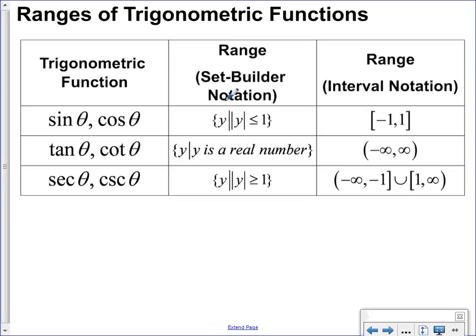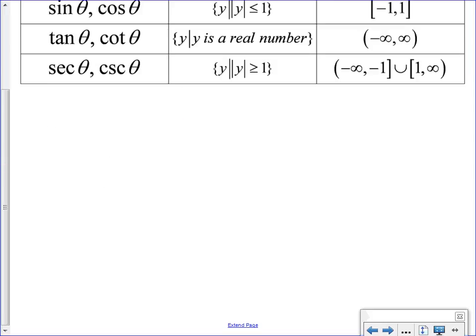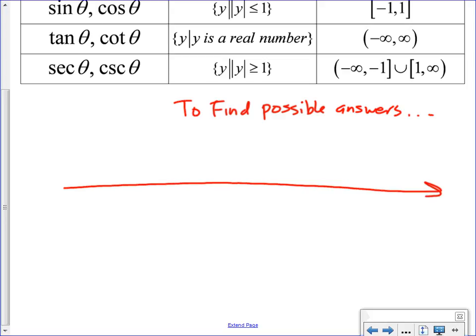So let me draw you a picture to find possible answers. All right, we're going to draw a number line. Start by drawing yourself a little number line. Here's negative 1 and here's positive 1. I don't really care where 0 is.